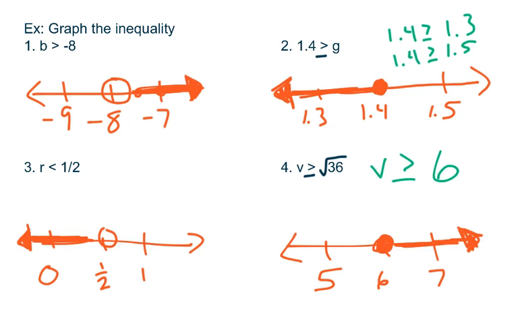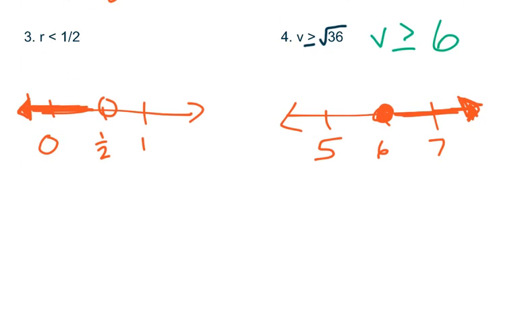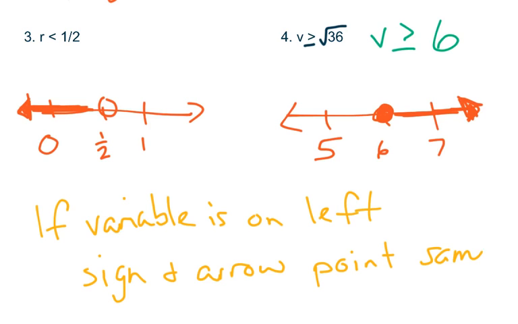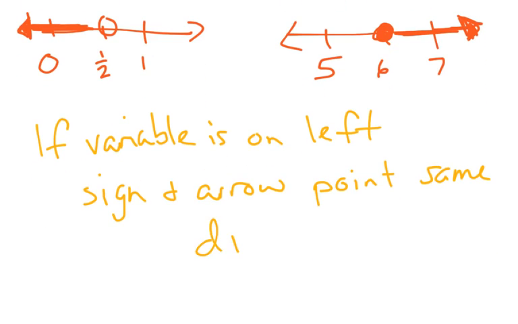The point I'm trying to make is, and I'll write this down, if the variable is on the left, your sign and arrow point the same direction.